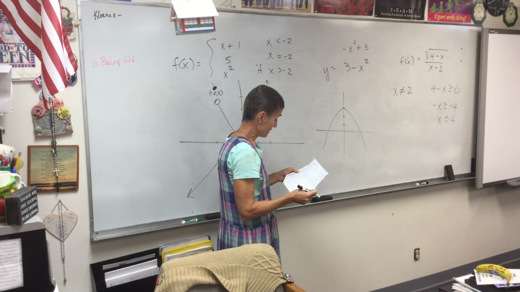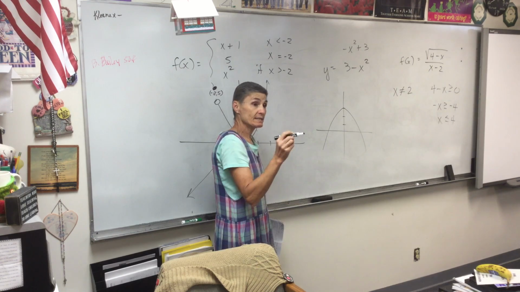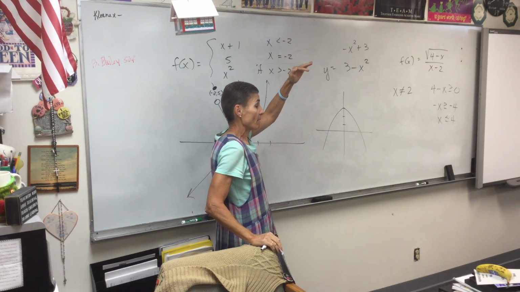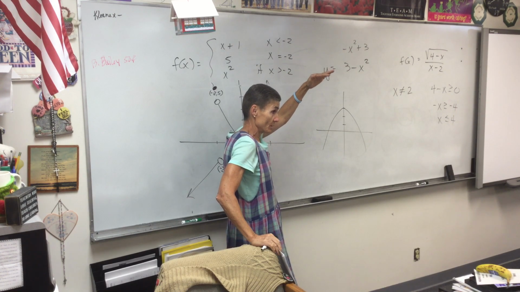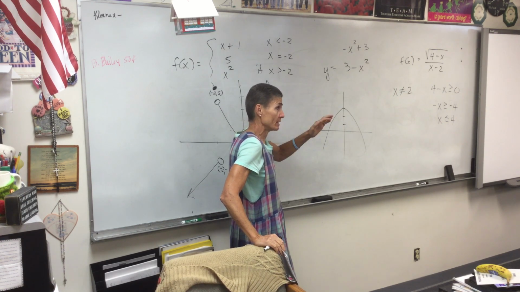Would you say it's bounded? Yes. Well, it's not bounded, it's bounded above, right? It's bounded above at y equals 3. Technically, remember, if you say bounded, that means it's bounded above and below, right?